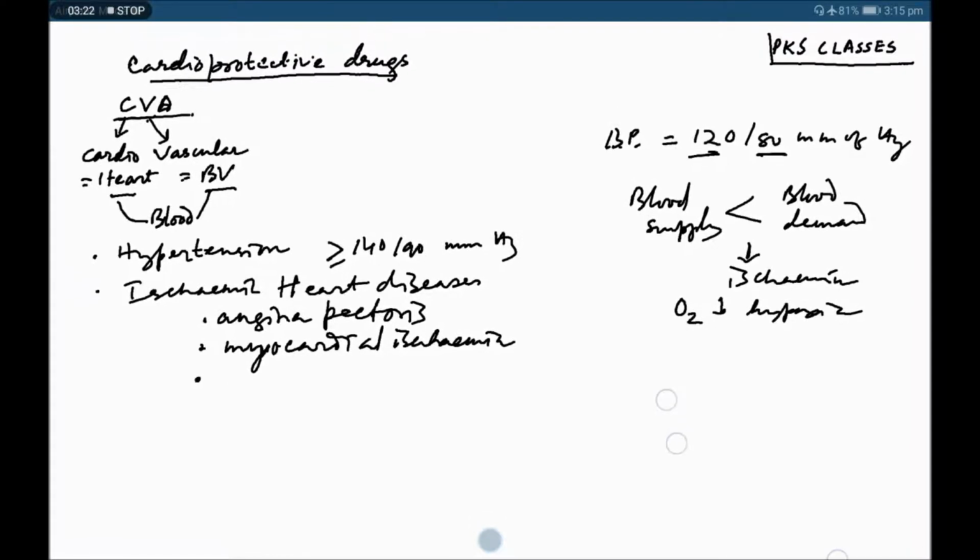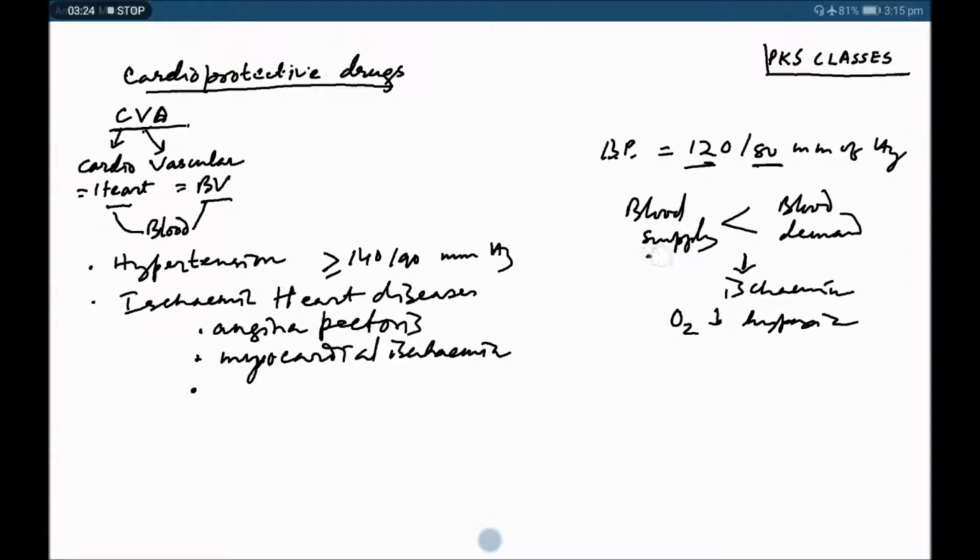Blood supply becomes less because there is a blockage in the coronary artery. The coronary artery is the artery which supplies blood to the heart, and if there is any blockage in it, then this occurs.